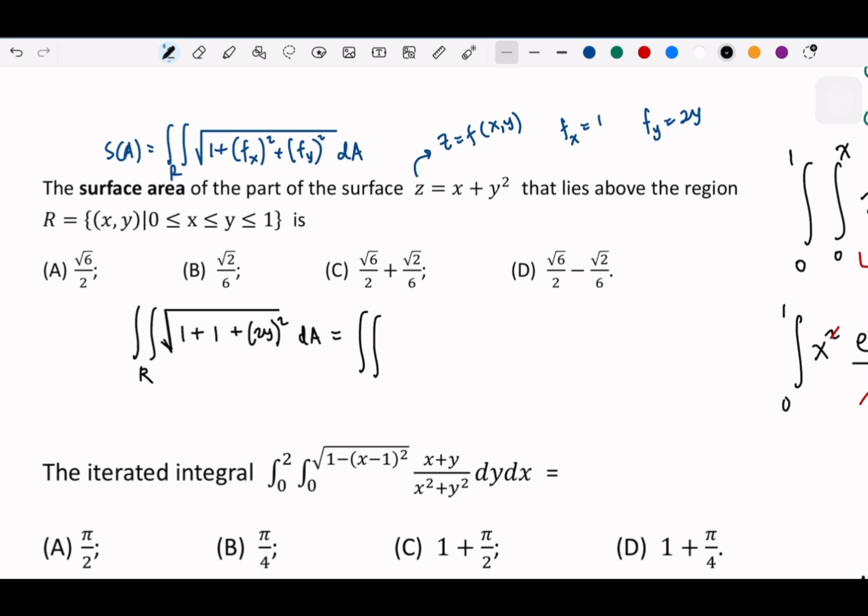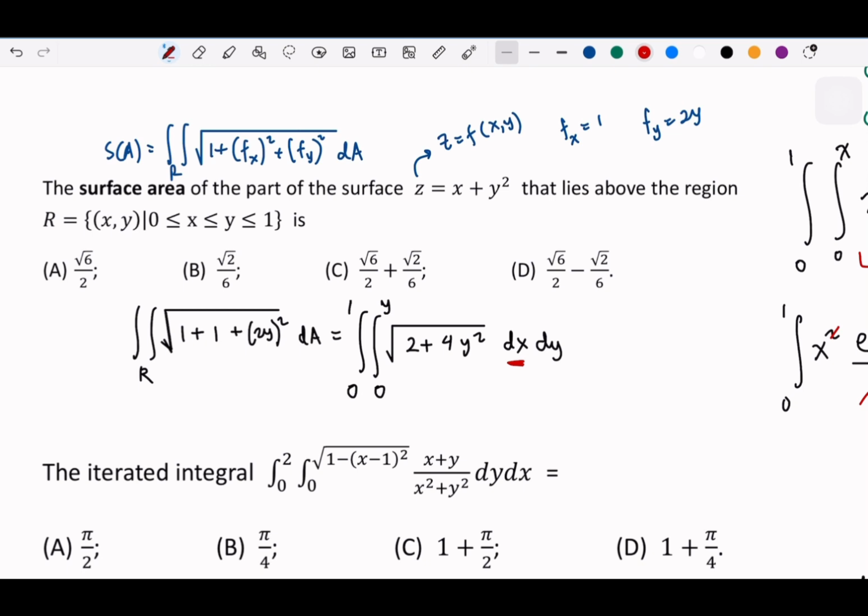So let's say this is 0, 1, and for x it is 0, y. So we have the square root of 2 plus 4y squared, and then dx dy.